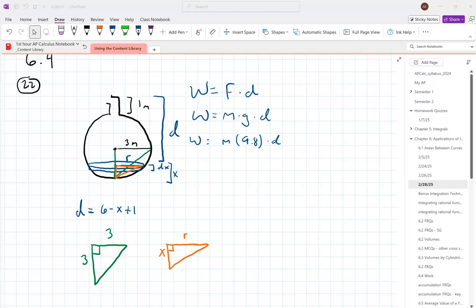So I don't see a good way to resolve these into the same thing. So I think I've done a poor job of picking my x.